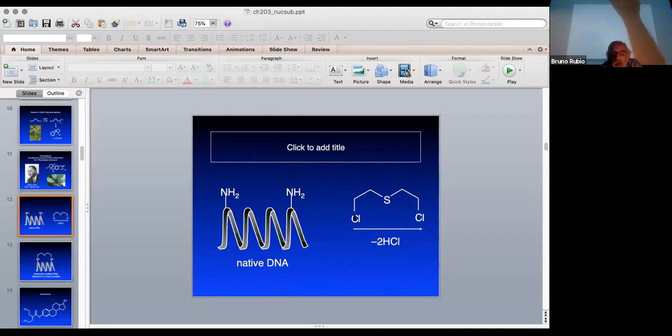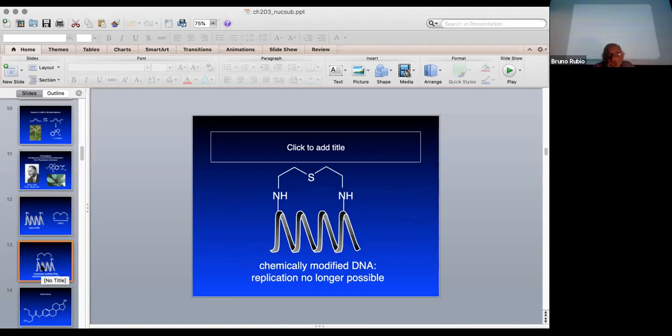And the mechanism by which this chemical warfare agent works is that the nitrogen atoms of DNA, those are the nucleophiles, this primary carbon atom that has this Cl leaving group, that's the substrate. And so there's a reaction in which the mustard gas spans a length of DNA, and now it has chemically modified that DNA. That DNA is no good anymore.